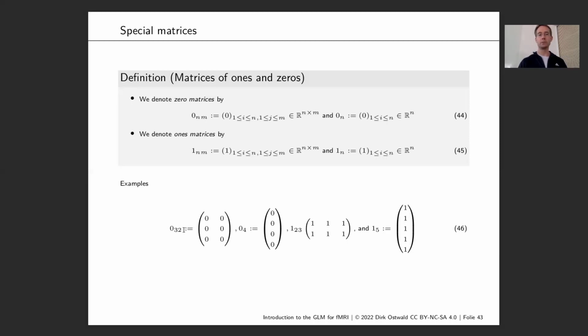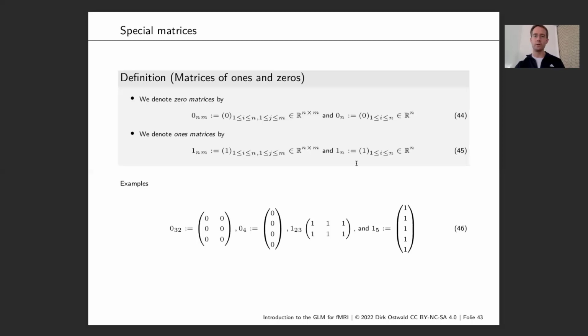So for example, 0 with subscript 3, 2 means 3 rows, 2 columns of all zeros. 0 with subscript n means a single column of as many zeros as it says. So 0 with subscript 4 would be 0, 0, 0, 0. Fairly straightforward, but we will see 0 n quite a lot. So always think of a vector here with all zeros. And the same thing for ones.